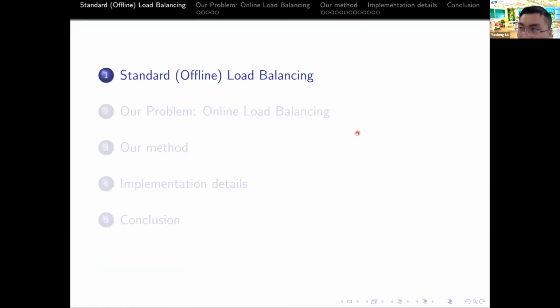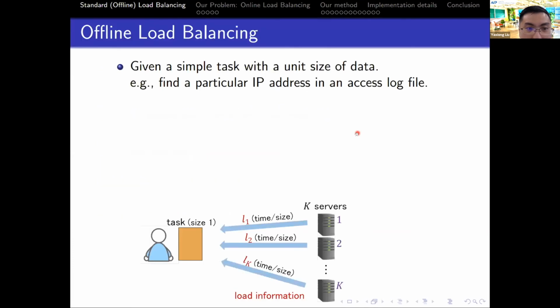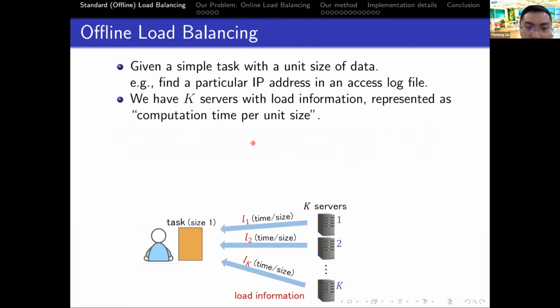Let's come to the first part. Let's consider the offline case. Firstly, given a simple task with a unit size of data, like finding a particular IP address in a CSV file, we can have K servers with load information represented as computing time per unit size.